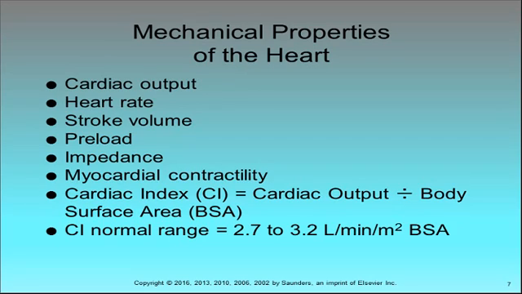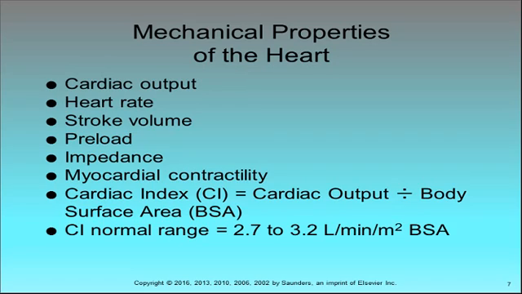Preload: you have all of these heart fibers that stretch at the end of diastole, just right before the heart begins to contract again. So preload is the degree to which those fibers are able to stretch after the heart starts to relax, right before it starts to contract again.